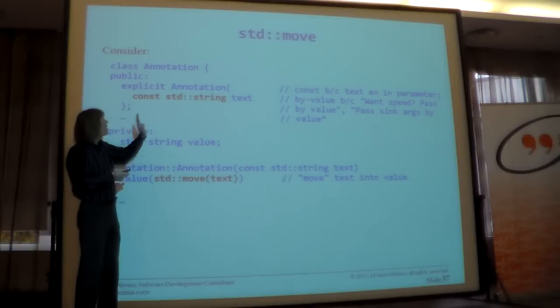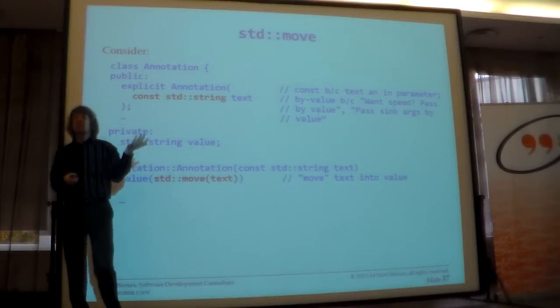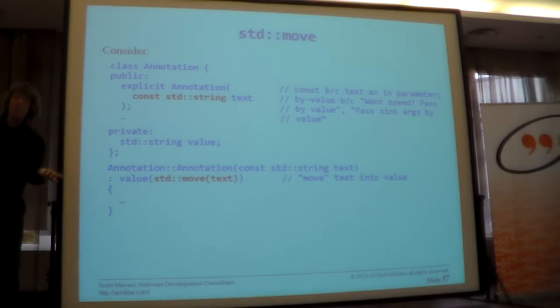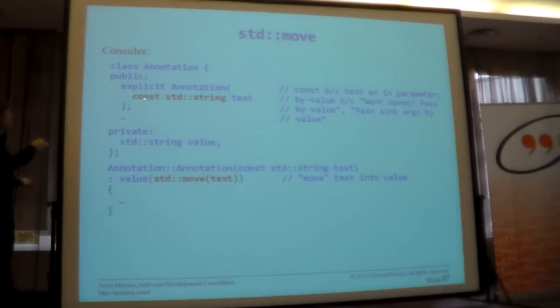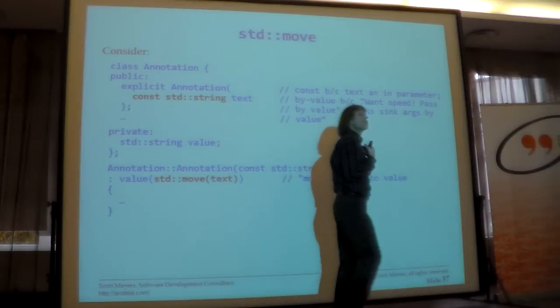Now, this string that's passed into this function, I'm not going to modify. So I'm going to declare it const, because it's an in parameter, not supposed to be modified. I have also passed it by value.